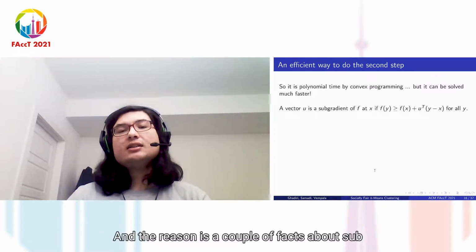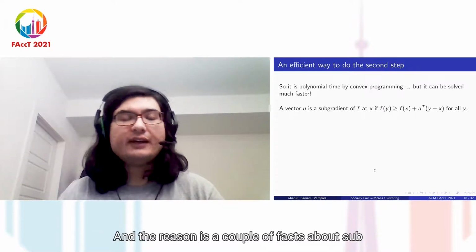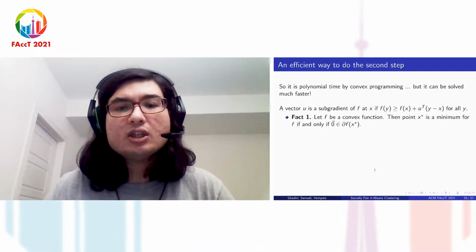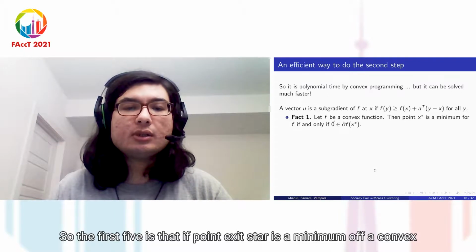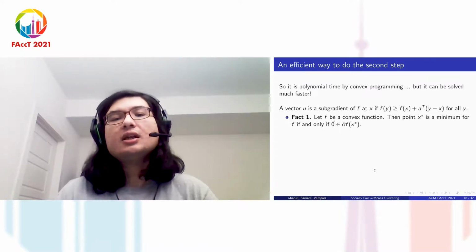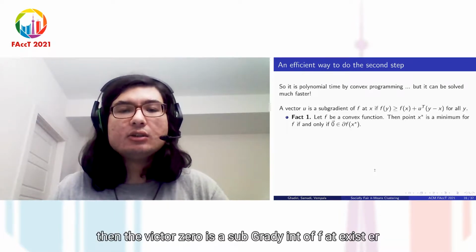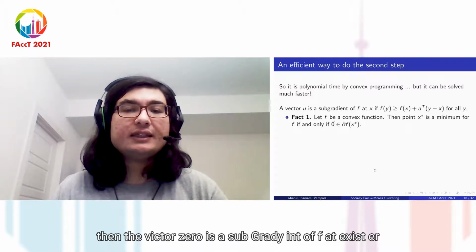The reason is a couple of facts about subgradients. The first fact is that if point x star is a minimum of a convex function f, then the vector 0 is a subgradient of f at x star.